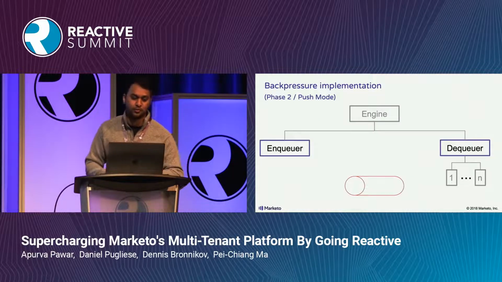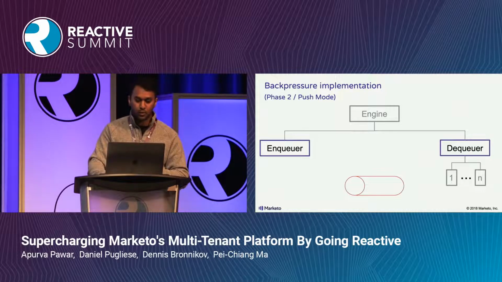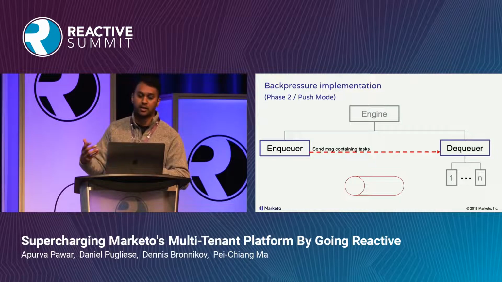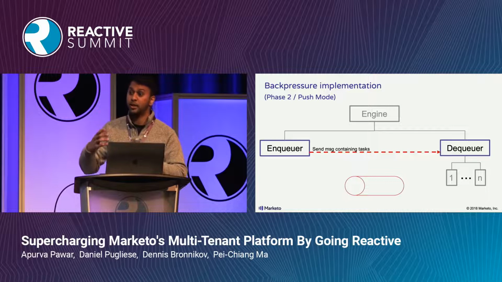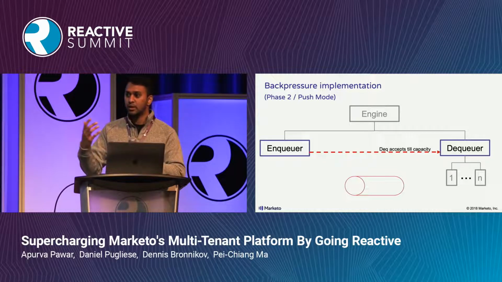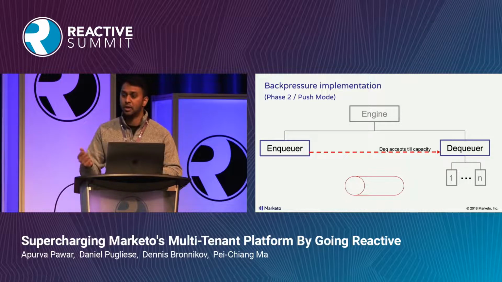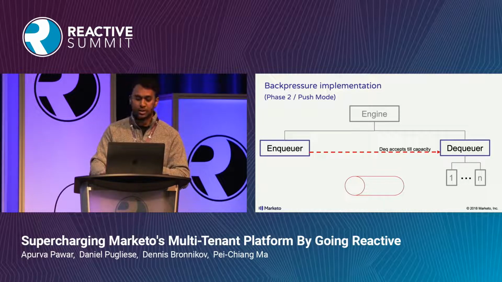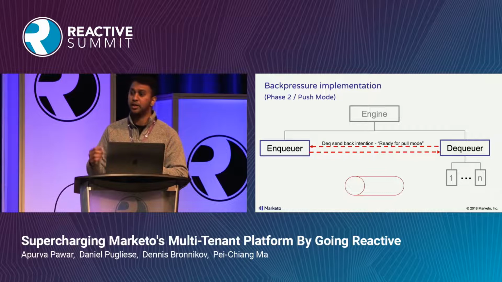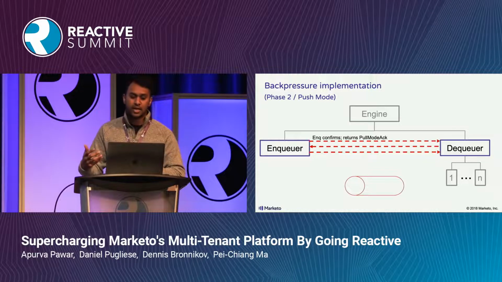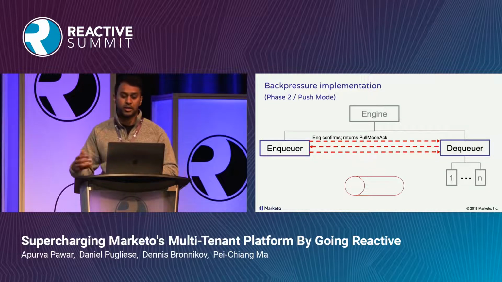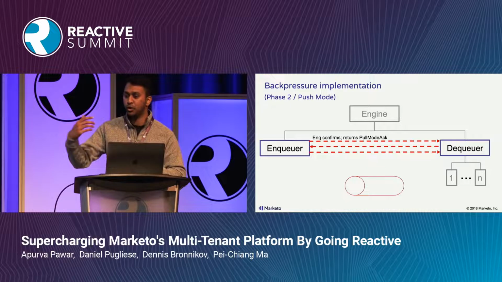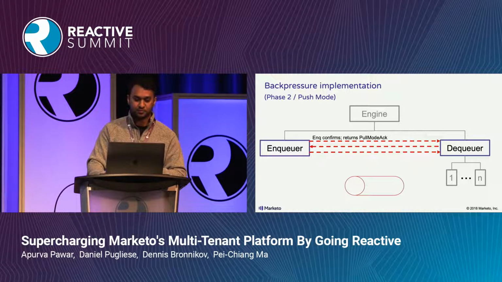So here's phase 2. In push mode, now the enqueuer sends a message containing the tasks, and the dequeuer accepts these tasks until it reaches capacity. Once it reaches capacity, the dequeuer sends back an intention this time saying that it is ready for pull mode. The enqueuer acknowledges that and also sends back another acknowledgement saying, okay, I am in pull mode, you also change to pull mode.